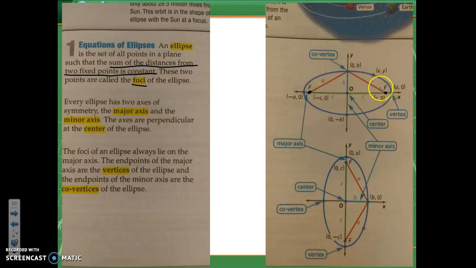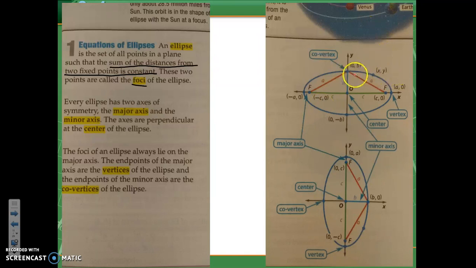The distance from the focus to any point on my ellipse, let's say from here and from here, if I add those distances together, it will be the same everywhere. That's what it means to be an ellipse. Any point on my ellipse, if I measure the distance to both foci, I will get the same sum.